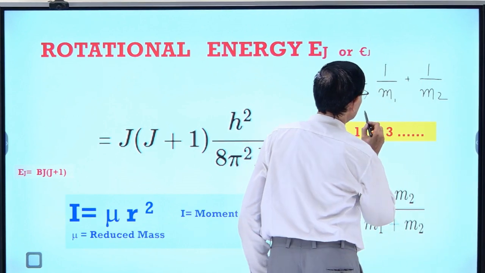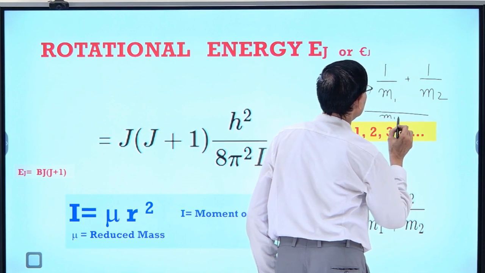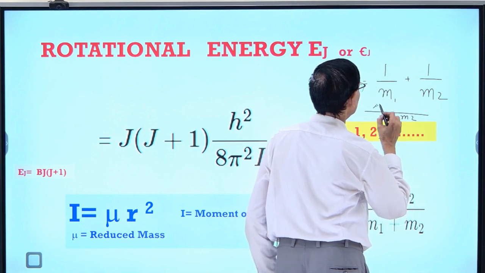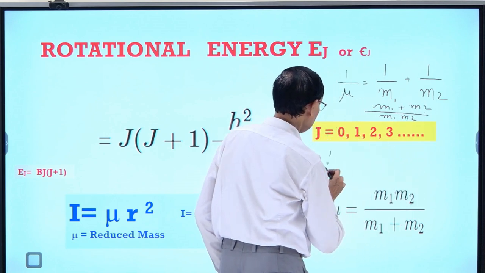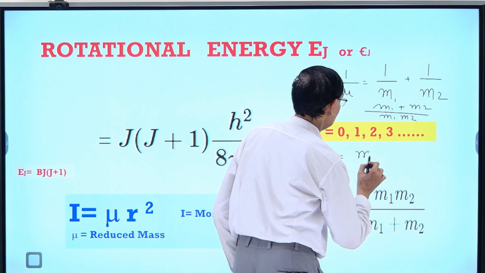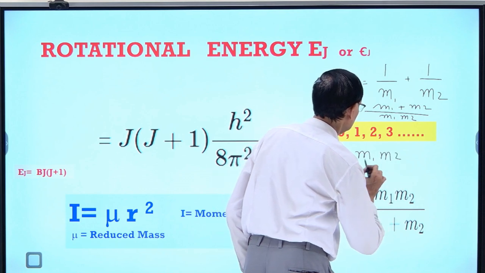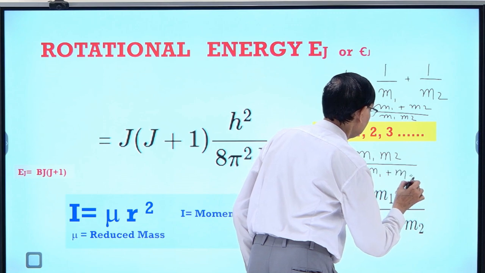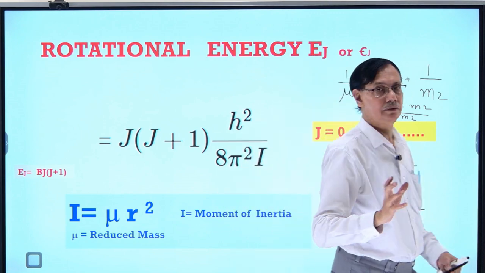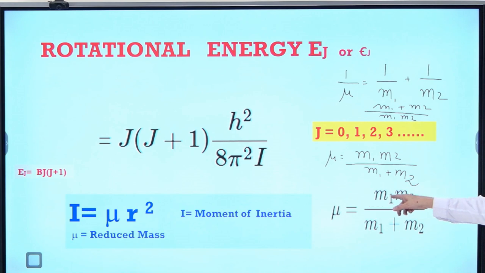Take the LCM: M1 M2 over M1 plus M2. So mu is equal to M1 M2 divided by M1 plus M2.